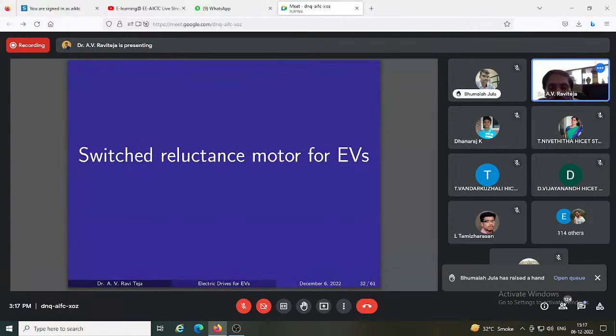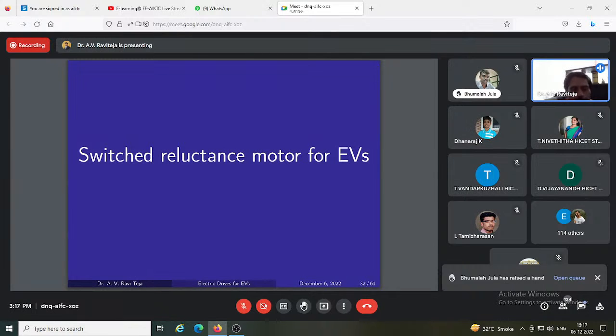Till now we discussed vector control, direct torque control, V/F control, different control techniques for induction motor drives. Now we will look at the switched reluctance motor for EVs. As I mentioned in the beginning, these have lower cost even compared to the induction motor.